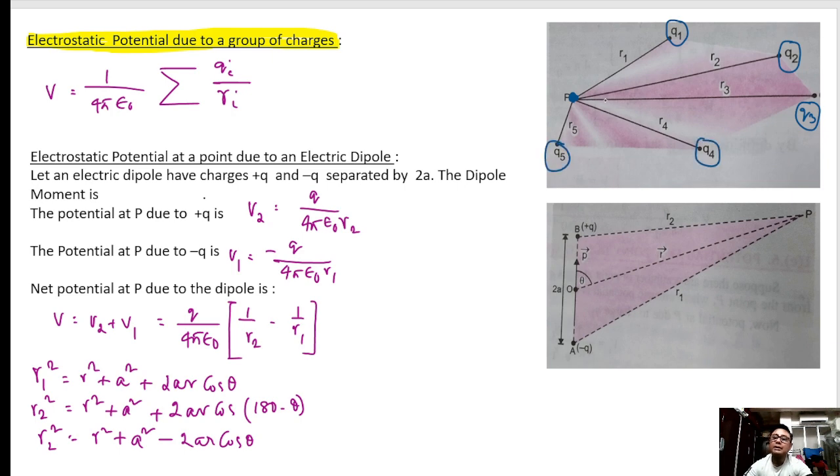The distances are given. So what is the electrostatic potential at this point? It will be the summation of all the charges by the distance. That means it will be 1 by 4 pi epsilon O times Q1 by R1 plus Q2 by R2. In this way it will continue.